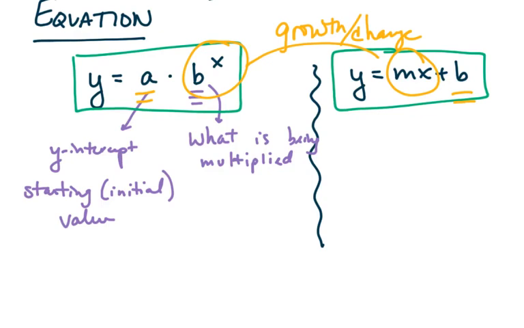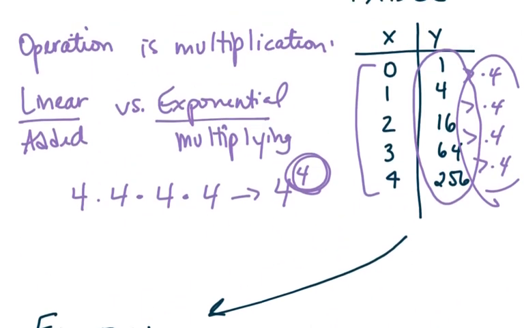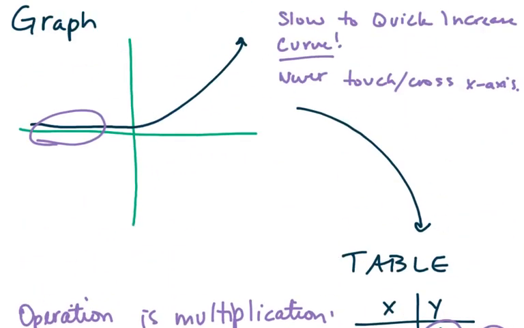And the one thing I thought was really interesting is if you think about PEMDAS, wherever we saw multiplication in the linear function, if we go up one step, we're now using an exponent. Wherever we saw addition, if you go up a step, we're now multiplying. So we took the linear function and just went up one operation, and that's what creates the different looking equation, the different looking table, and ultimately the different looking graph.